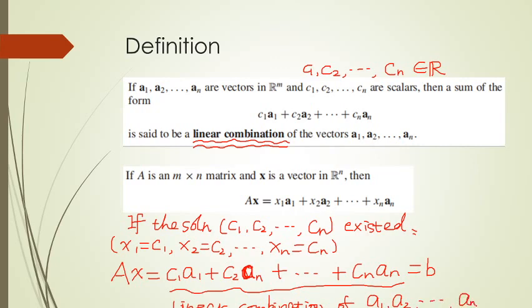Linear combination is a common terminology when we mention linear algebra, linear models, those kinds of topics or subjects. That's why we explain it here. If the solution existed for the n by n system, then the right side constant b column vector can be represented as a linear combination of the column vectors from the matrix A.